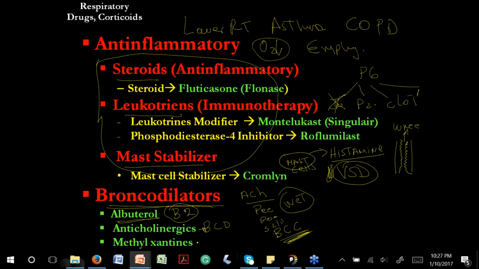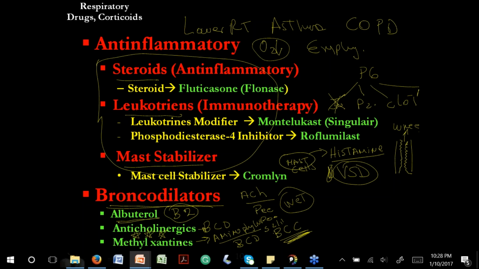Methylxanthines are really important, and you need to open eyes, open ears here. The methylxanthines are, for example, aminophylline. Aminophylline we are going to see in the next slides. What it does is bronchodilation, and we are going to see some side effects that are really important for NCLEX. So I will tell you now.